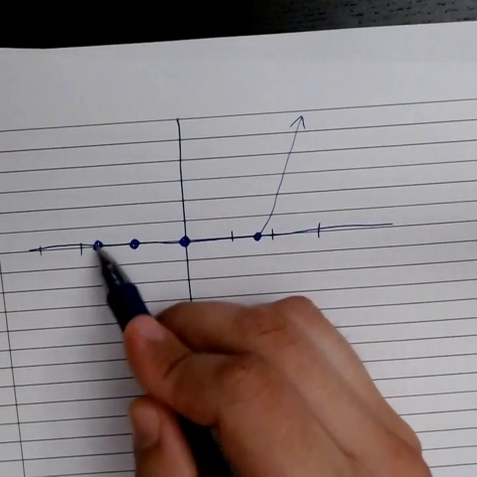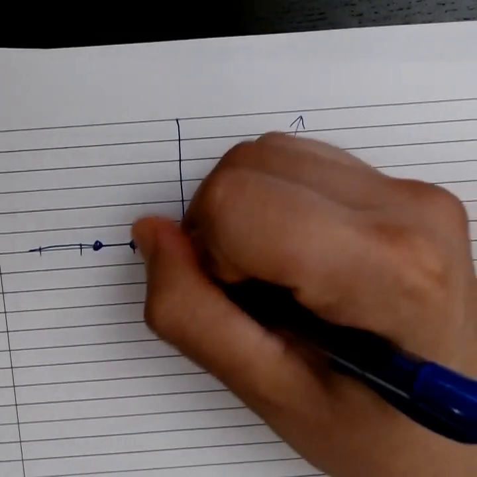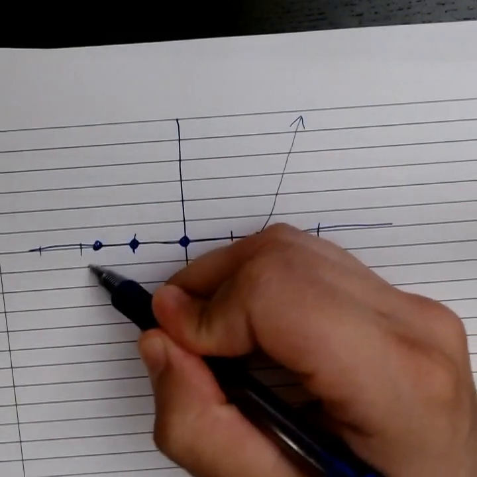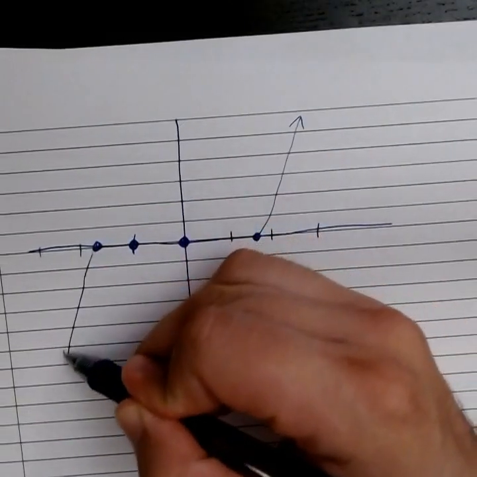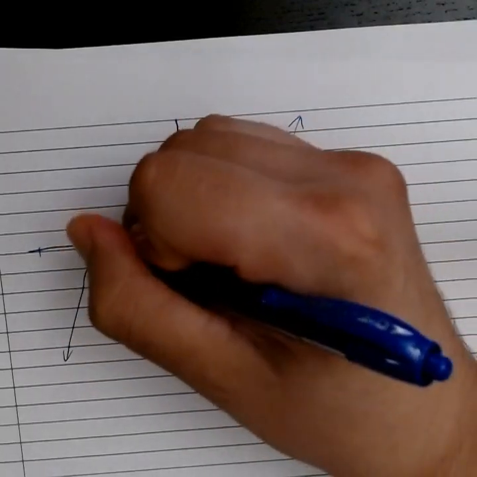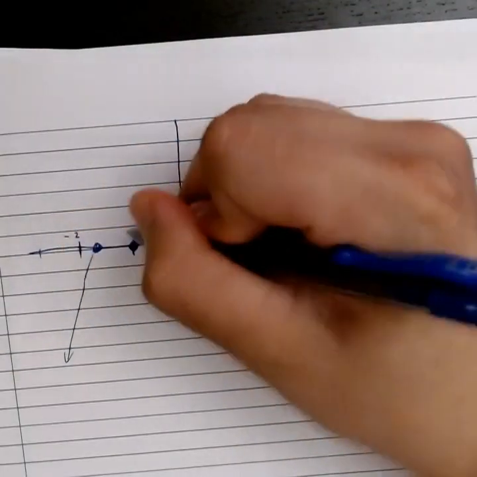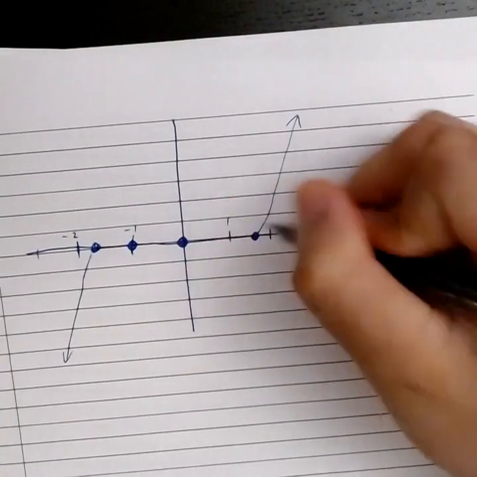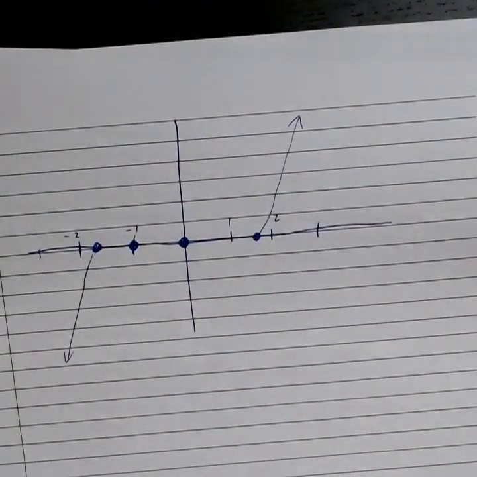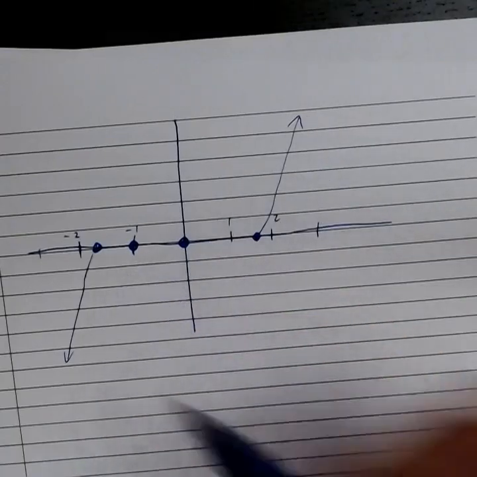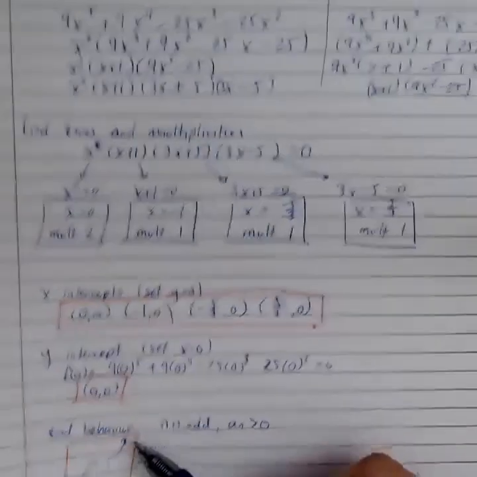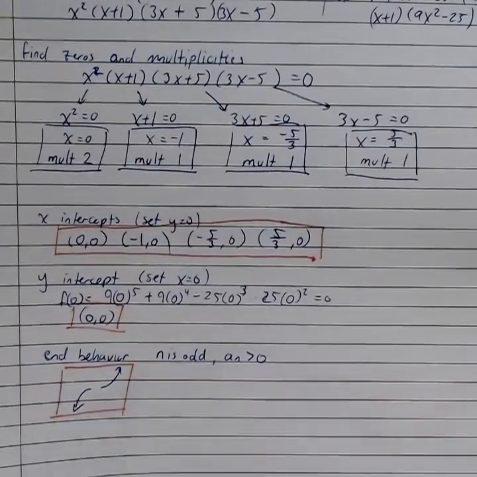Maybe I should label some of these numbers. Negative 2, negative 1, 1, 2, like that. And there we go. So our end behavior: up to the right, down to the left.